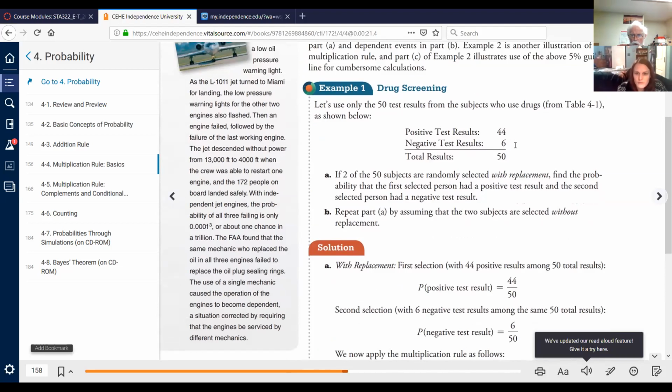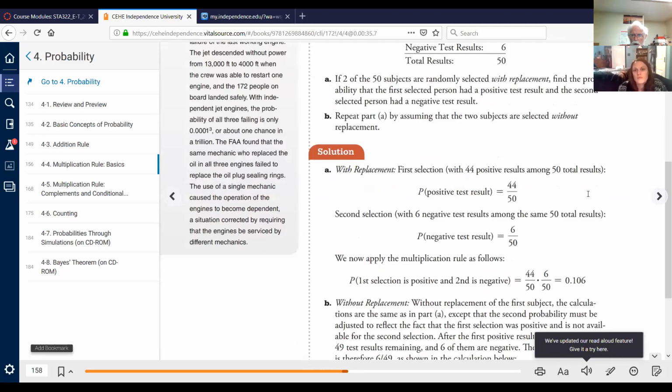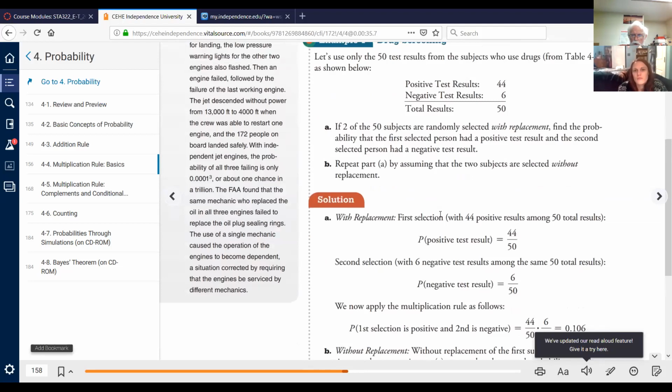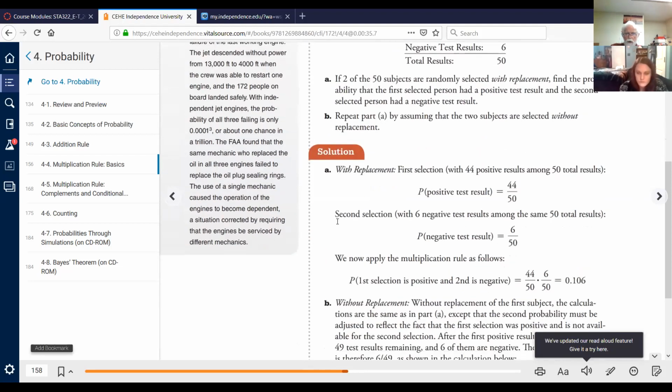Well, we know that there is an 88% chance of just randomly selecting a person here and getting a positive result, and 12% of getting a negative result. But if we look at the second selection, with 6 negative test results from the same 50, the negative is going to be 6.